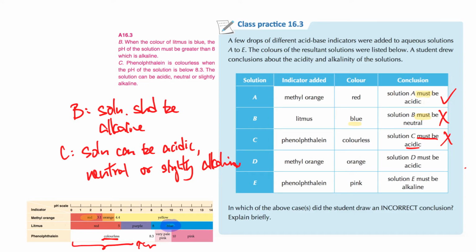So you have to know that the color is not really changing between acid, neutral, and alkaline. Methyl orange, if it's orange, it is still acidic. Remember orange is closer to the acidic part, smaller than 7. So this one is correct. Lastly, phenolphthalein, if it's pink, that means it must be the alkaline part. The solution must be alkaline. So this one is also correct. So just B and C are incorrect.